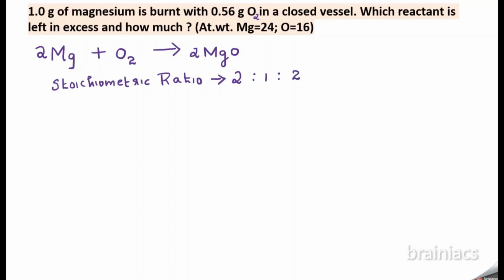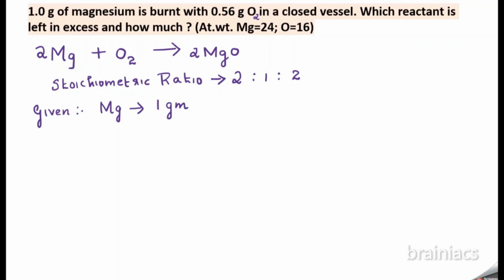Okay, now what is given to you? This is stoichiometric ratio. Now given to you, we will write that separately. So magnesium is one of the reactants. How much is given to you? Magnesium is given in the form of mass, and that is 1 gram, correct?